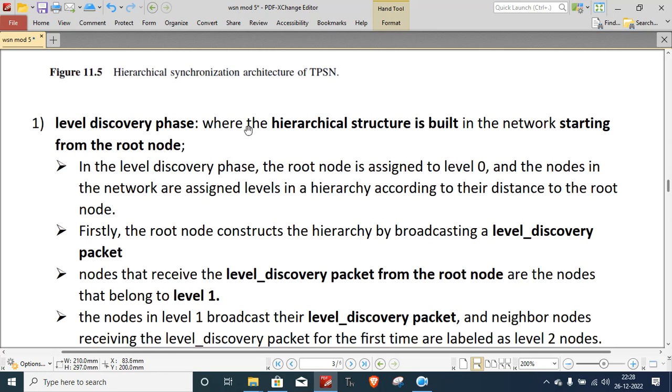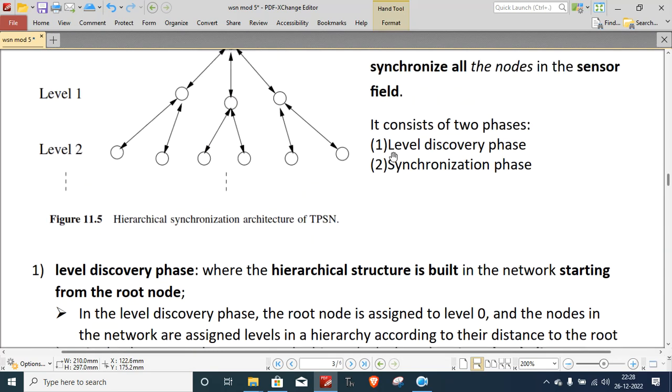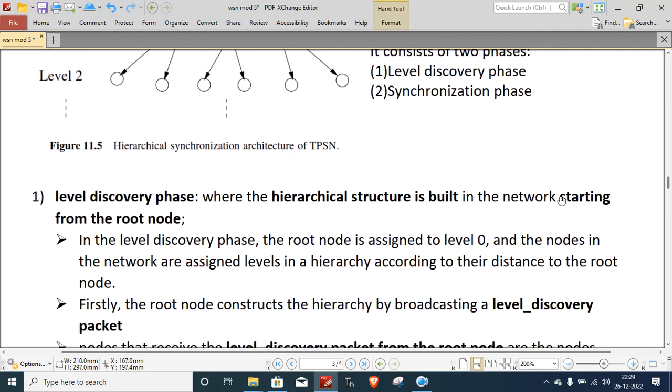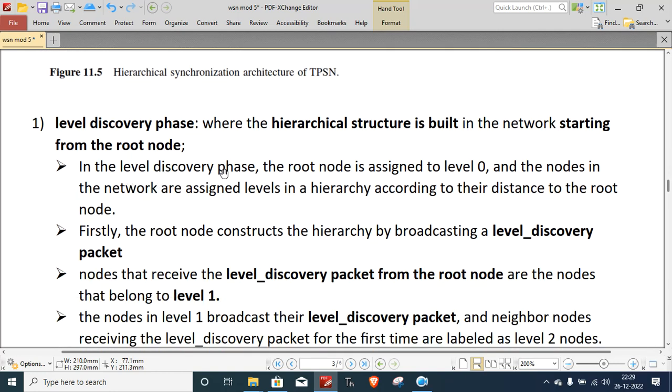The level discovery phase is where the hierarchical structure is built, that is, all these levels are formed in the network starting from the root node. The root node is assigned level 0, and the nodes in the network are assigned levels in a hierarchy according to their distances to the root node.